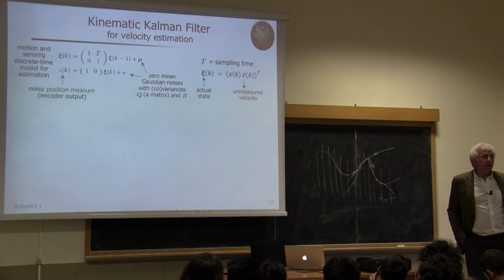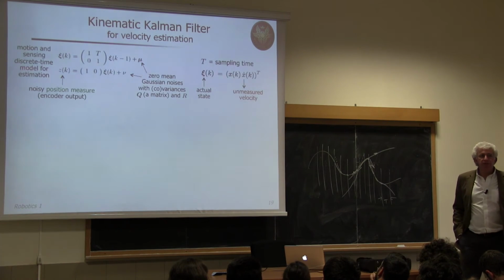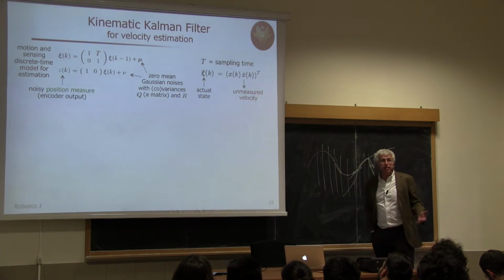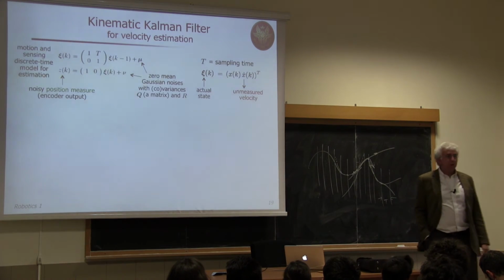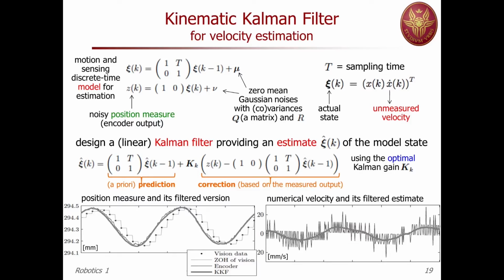I hope that some of you have encountered Kalman filter, or will encounter Kalman filtering, which is a way of estimating the state of a dynamic process, in our case, position and velocity of the joints of a robot, which takes into account noises, some structural noise, on the measurement that you make, and possibly also on the state evolution of your system, meaning that your model of your system is not so accurate, and you model the uncertainty with additional noise.